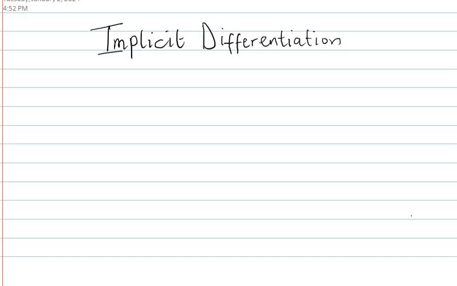Implicit differentiation is a method of finding the derivative dy/dx. If a system of equations is given, like x squared plus y squared is equal to, let's say, 200, the task is to find dy by dx from the given equation.